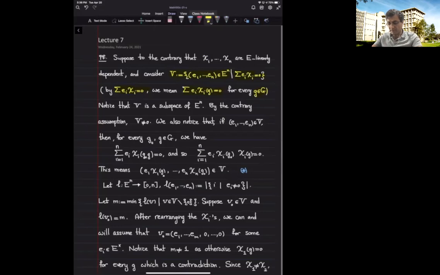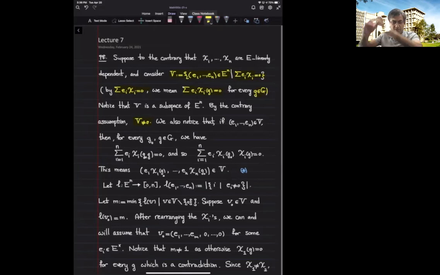And the first thing that we notice is that this V is a non-zero set, because of the contrary assumption, we get some non-zero vector inside this. The next thing that we notice is that it is in fact a vector space.